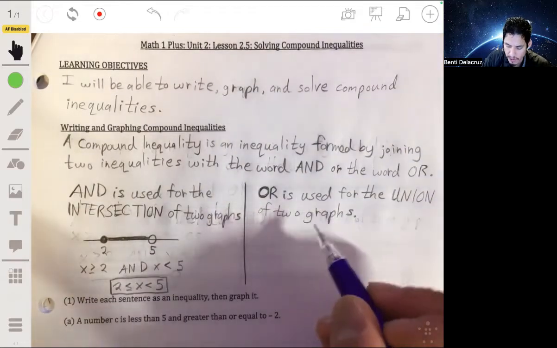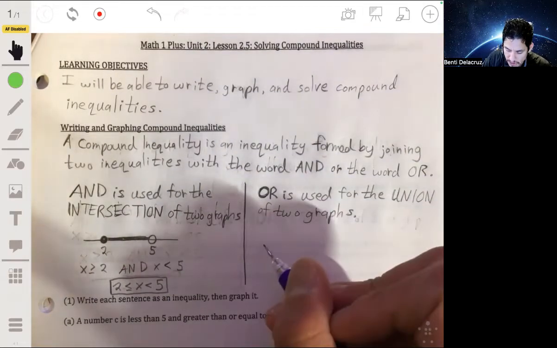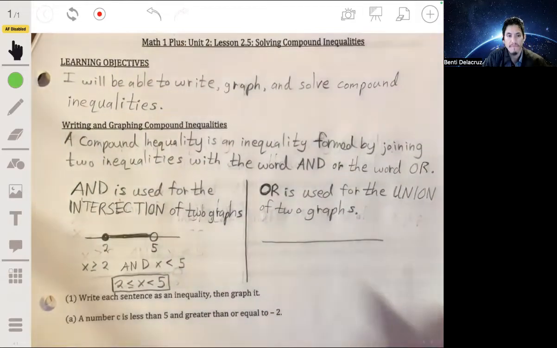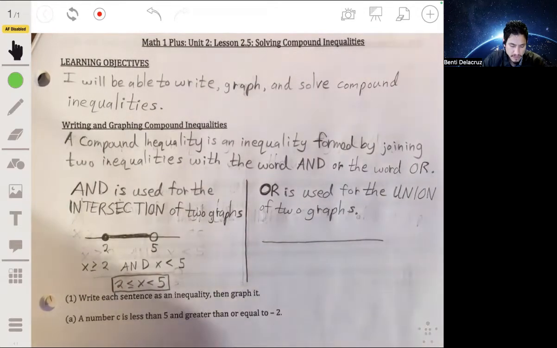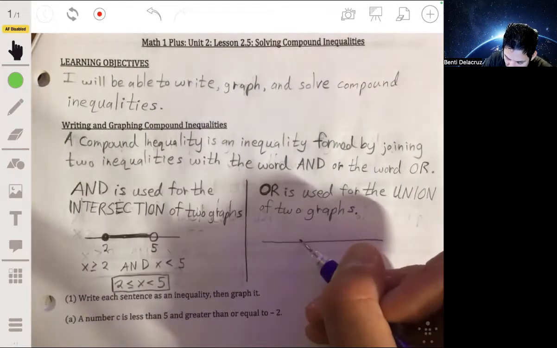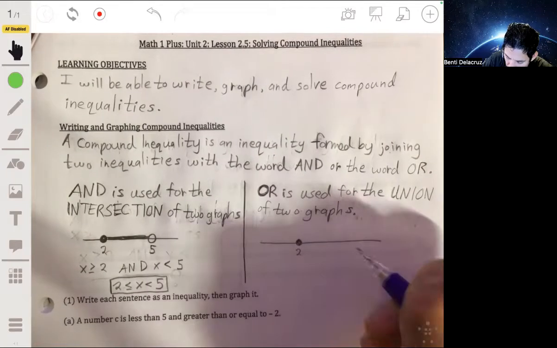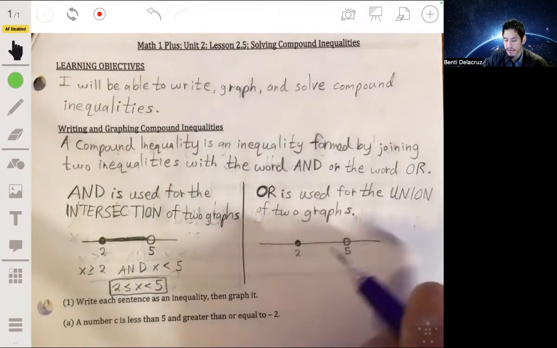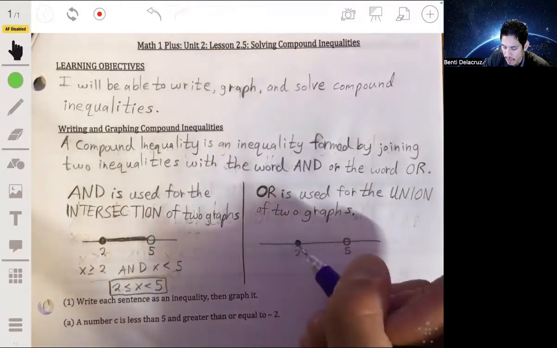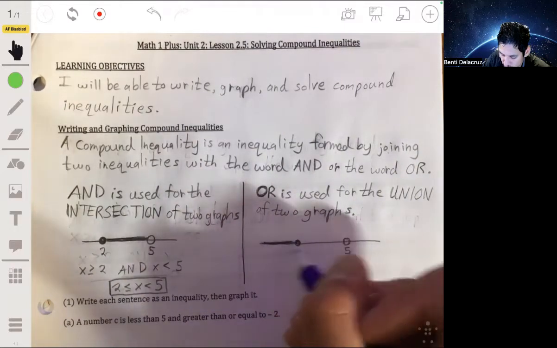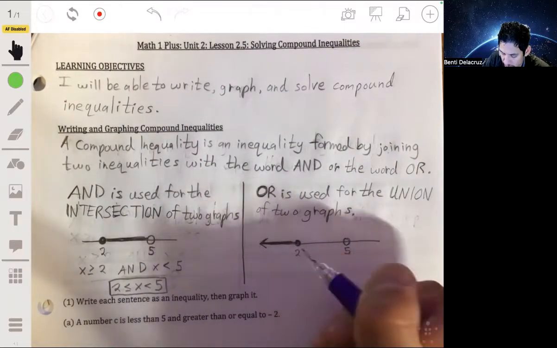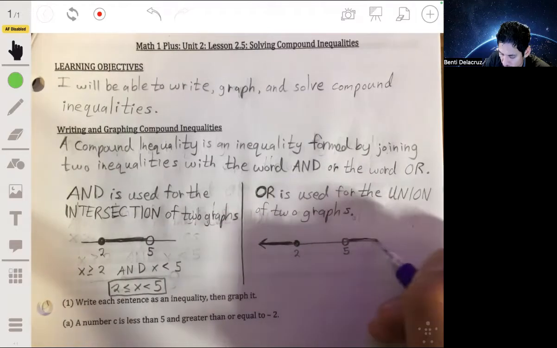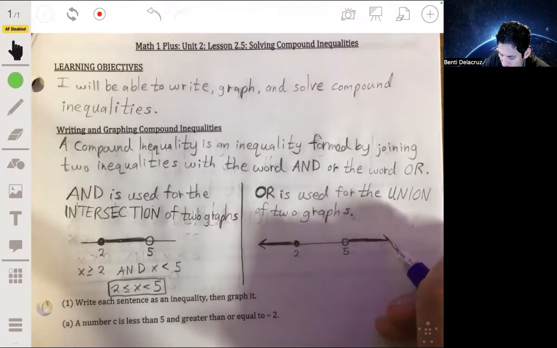Now when we have the word or, we call that a union because you basically have the inequalities going in opposite directions. So for example, let's say, again, I have my 2 and I have my 5. Instead of shading the region between, I'm going to have one inequality go to the left, less than or equal to 2, and the other one to the right of 5.